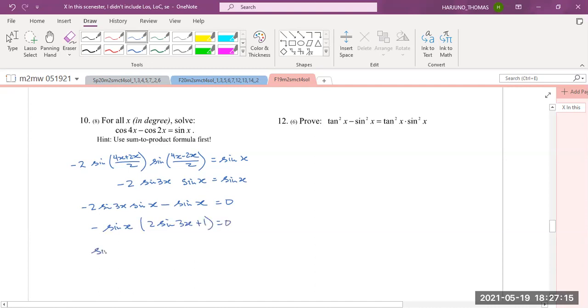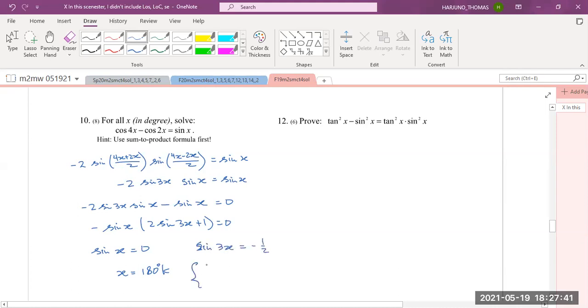So sine x equals 0, or x equals 180 degrees K, right? 0 degrees, 180, 360, and on. Or sine 3x equals negative 1/2.